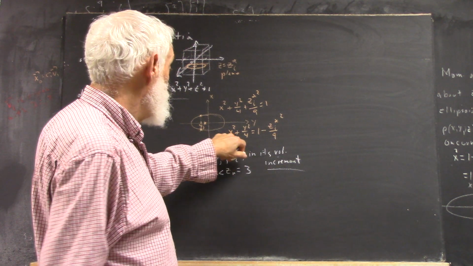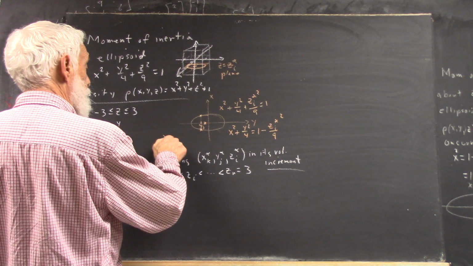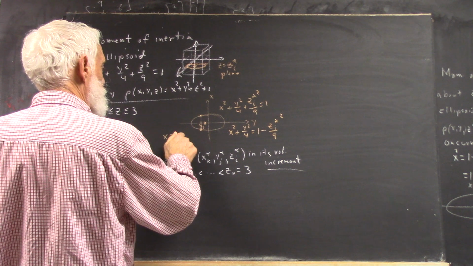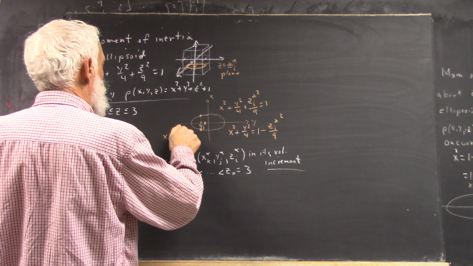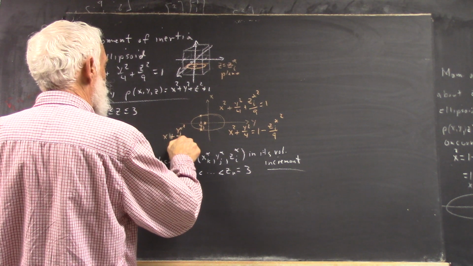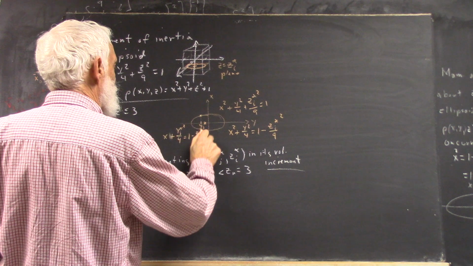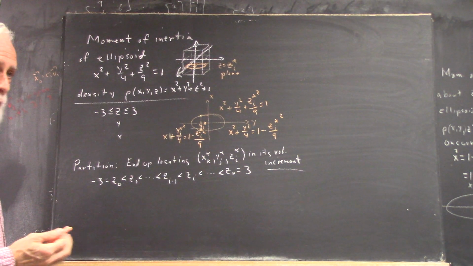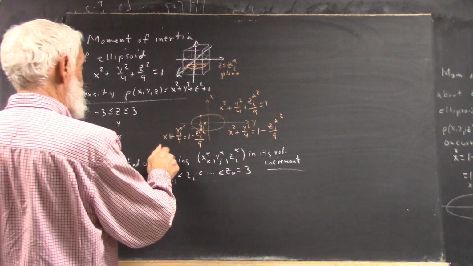Now if we've got a yj star, it should be pretty clear that down here x squared plus yj star squared over 4 has to equal 1 minus zi star squared over 9. We understand what that is, right?